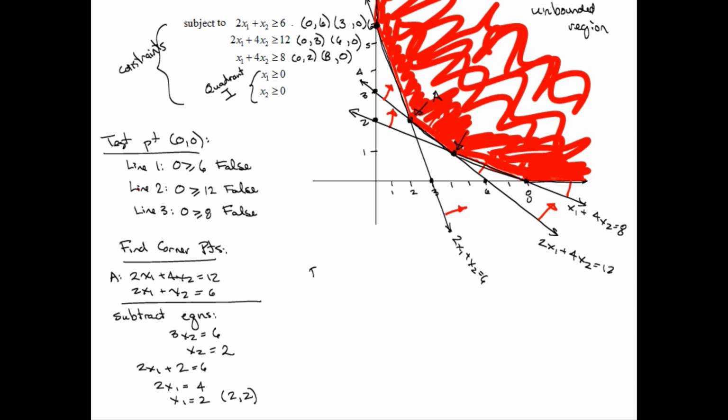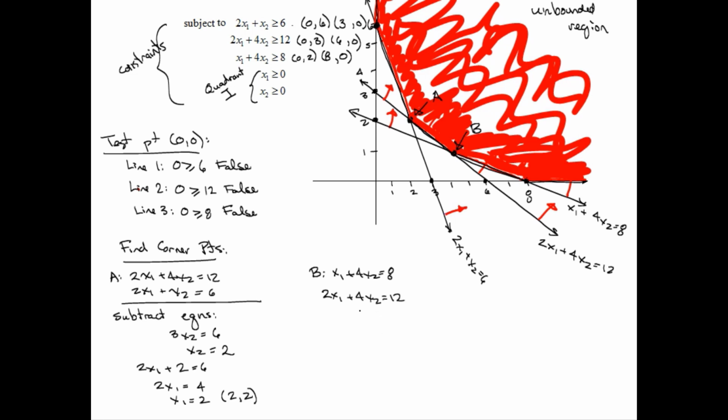Let's look at corner point B. Let me label it. Here's corner point B, the second of those two. So what lines is this on? This is on x1 plus 4x2 equals 8. And it is also on 2x1 plus 4x2 equals 12. This is why it's very important to label your lines.